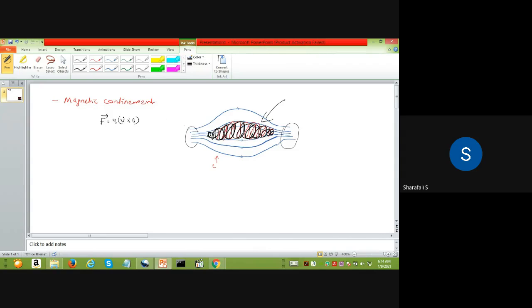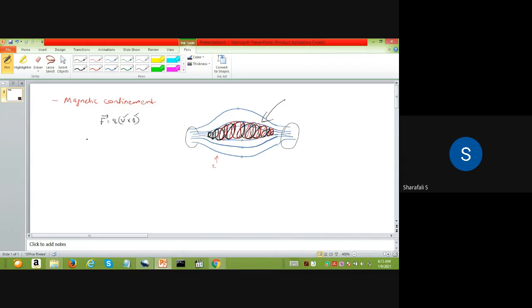It depends on what your V and B are. Then you take the cross product. You check the velocity components and the B component in this region, and if you take the cross product, we will get just a minus of what is just here.